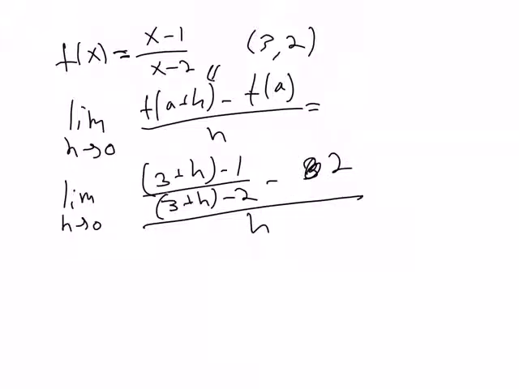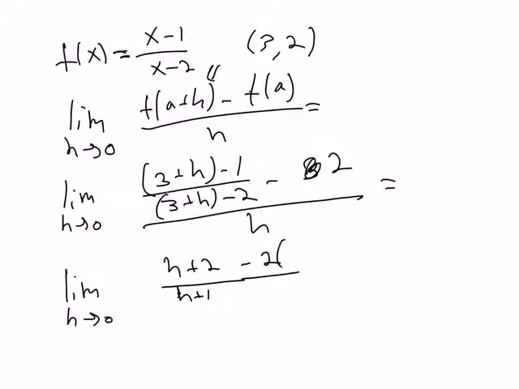So now this is going to equal the limit as h goes to 0 of h plus 2 over h plus 1 minus 2, what we want, so let's do minus 2 times h plus 1, right?